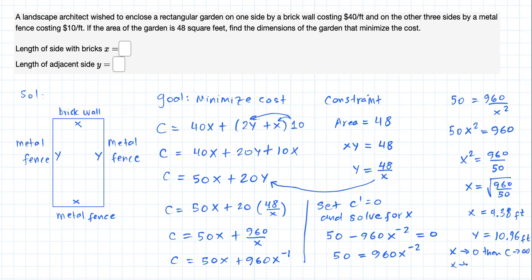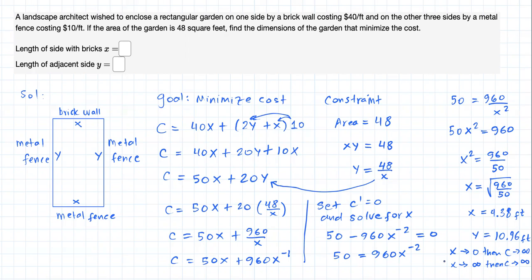If X approaches infinity, if X is a huge number, then where will the cost approach? If you substitute a huge number for X, imagine a billion, a trillion, into this term, it gives 0, right? But a big number times 50 is infinity. So then the cost goes to infinity. What does it mean?